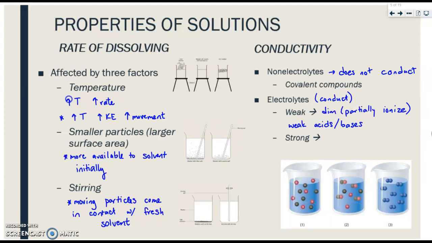For strong electrolytes, you're going to get a very bright light. And that's because these substances 100% break into ions. Okay. And this includes things that are ionic, as well as your strong acids and bases. We'll cover that in more detail in a later PowerPoint.